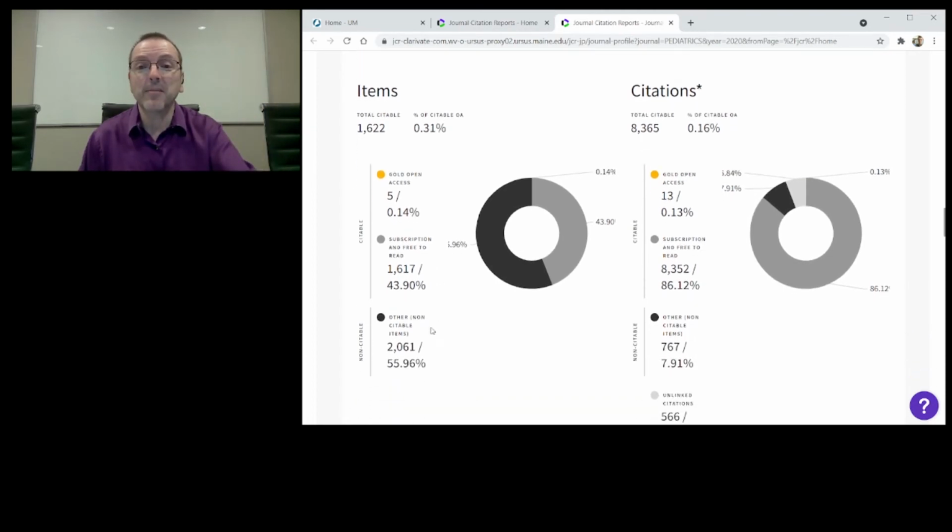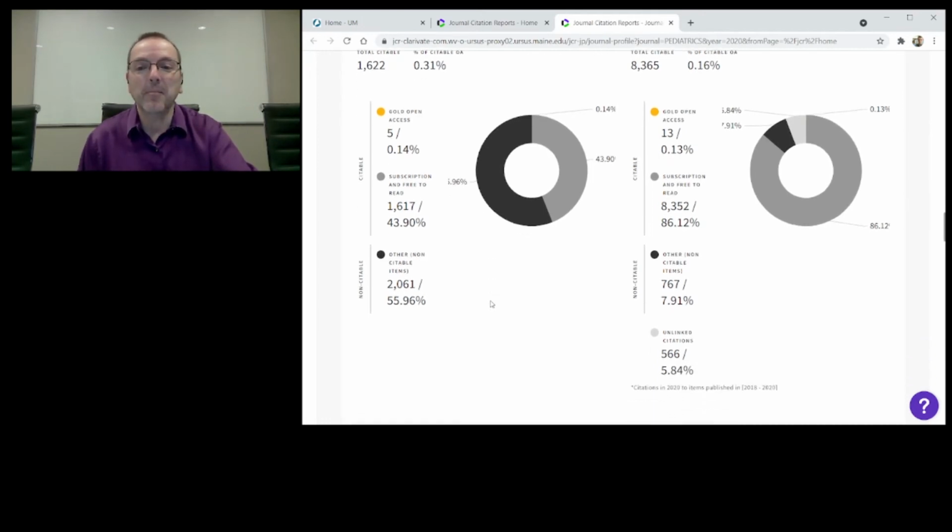So you can see, in this case, there's no open, nothing's free. Nothing's free with pediatrics. It's a paid journal, and you're seeing that show up. So that can influence the access to the articles. So kind of a newer thing people are starting to pay attention to. Let's keep going.